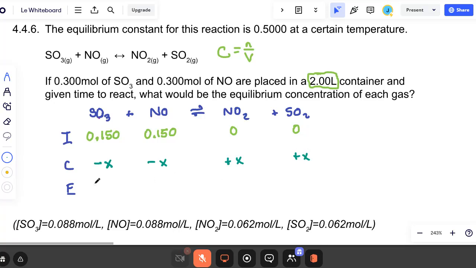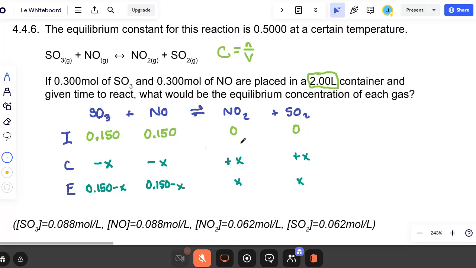And now we have enough to fill in our equilibrium row, kind of. This is 0.150 minus X. This is the exact same. 0 plus X is X, and 0 plus X is X. So now we have something at least. And these are all tied together because they make the equilibrium constant, and they told us what that is. It's 0.5.